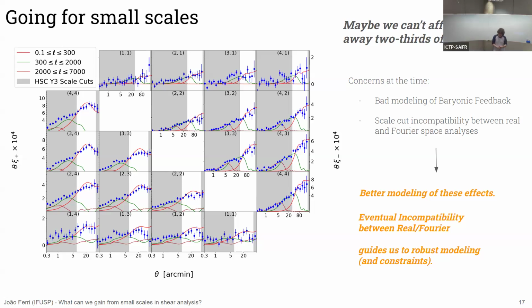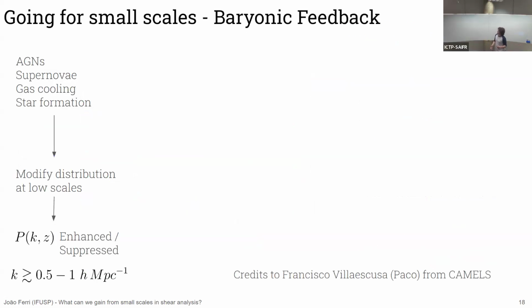And in the eventual incompatibility of real and Fourier space, it will basically tell us that maybe something is wrong with our modeling. So making the analysis in both real and harmonic space can be complementary. This is the thing that we're going to do.